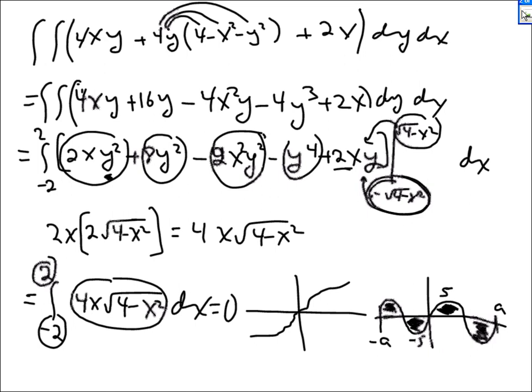Think about why it's odd. Before you do any problem, think for a few moments. Can I not really do it and get the right answers? And in this case, yes, you can. Answer is 0.